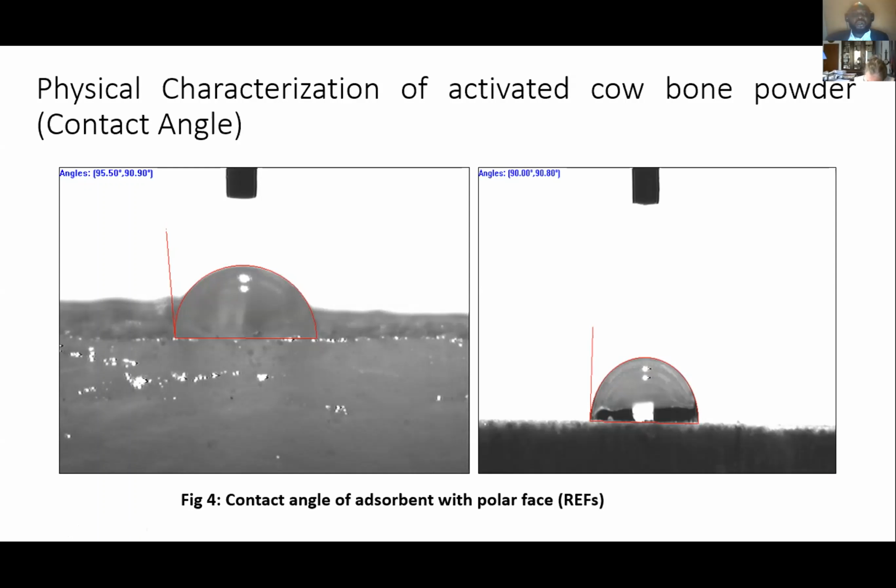We could not put all the characterization studies for the sake of this presentation due to time and due to the nature of the whole characterization study, because we carried out XRD, XRF, EDX, and all that, FTIR.